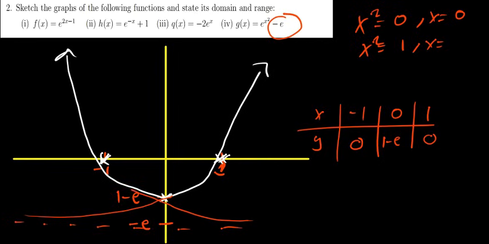But the best graph, because both are exponential, is this one. Okay, perfect. That's the graph. So that is it about sketching exponential functions. I hope you have learned something, and try to explore different types of questions and try to solve them.